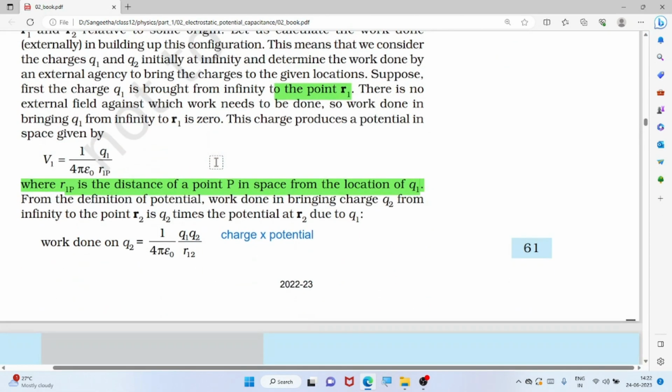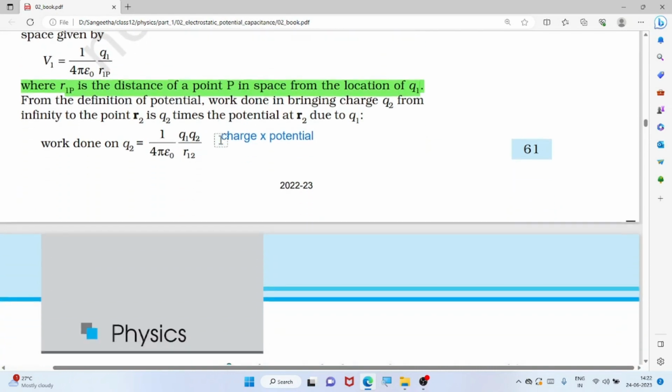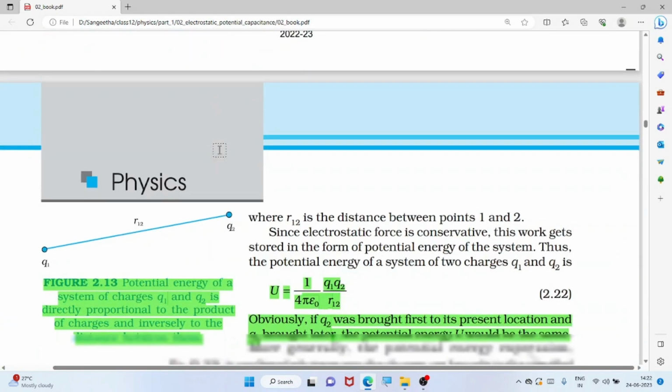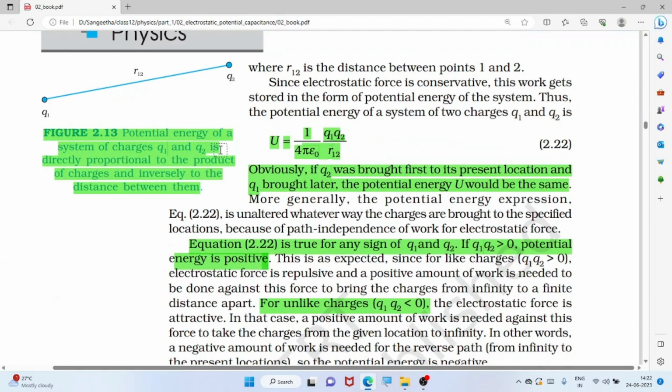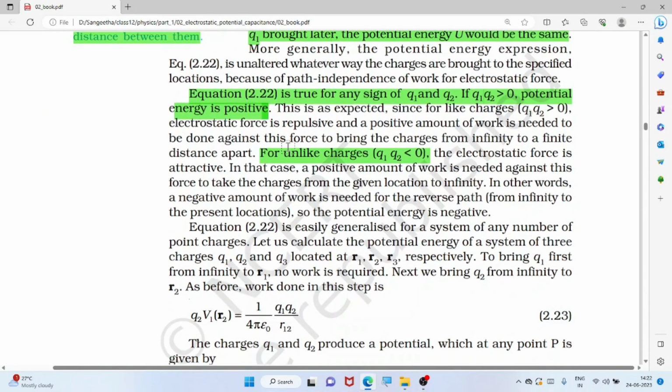Potential of the system of charges. Work done is charge times potential, for the system of charges. This is the formula.